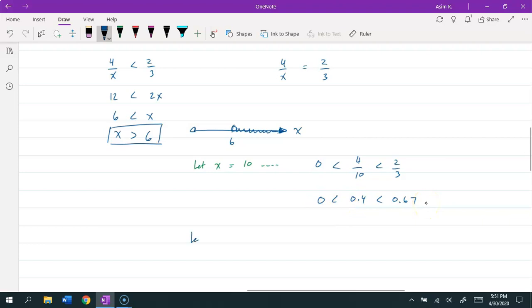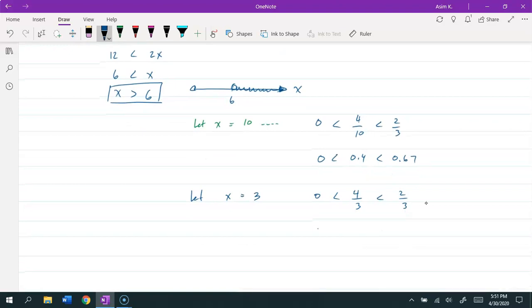Now this is a counter case, let's suppose x was not greater than 6. Let's suppose it was 3. Here's what would happen. It would become 0 is less than 4 over 3 is less than 2/3.